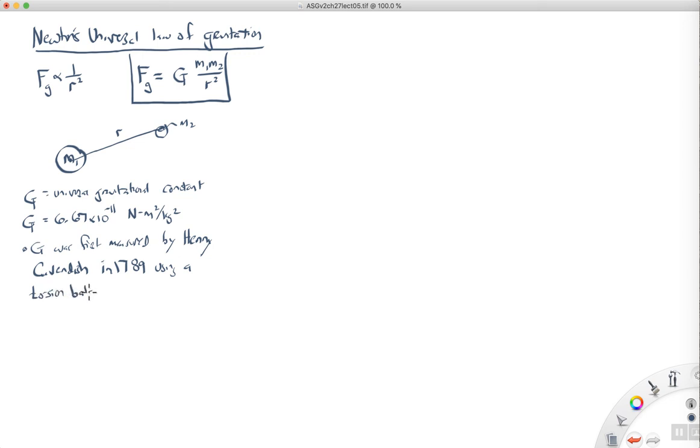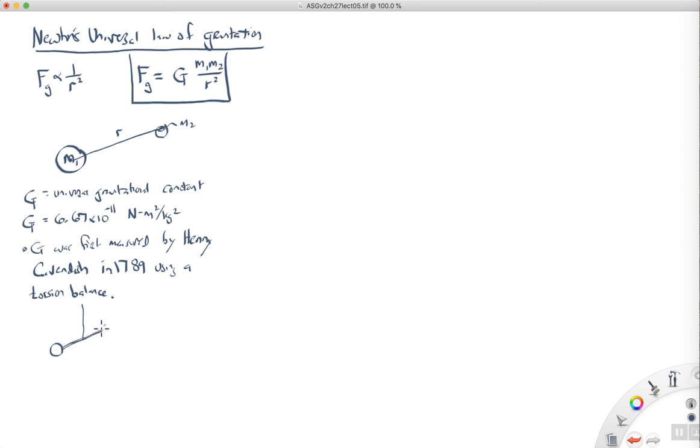Torsion balance? What is a torsion balance? Well, for those of you who may have taken my Physics 202 course, you used a torsion balance in order to measure the force between two charged spheres. So what the torsion balance consists of is a thin steel wire or other metal wire with a little straw hanging from it, and on one end of the straw is a ball.